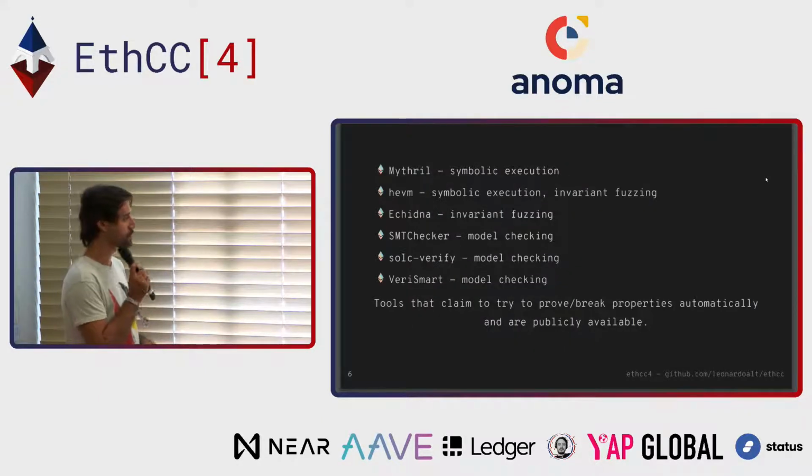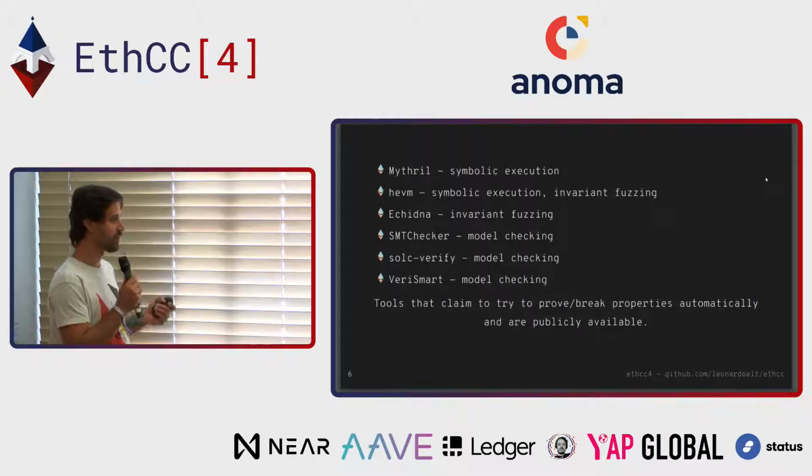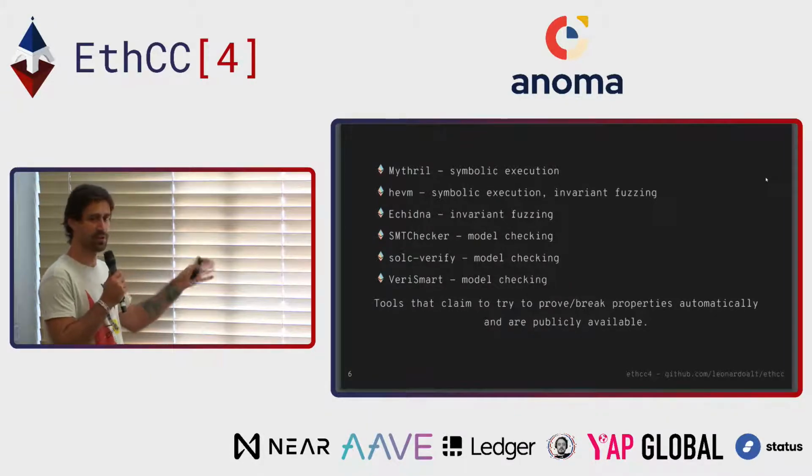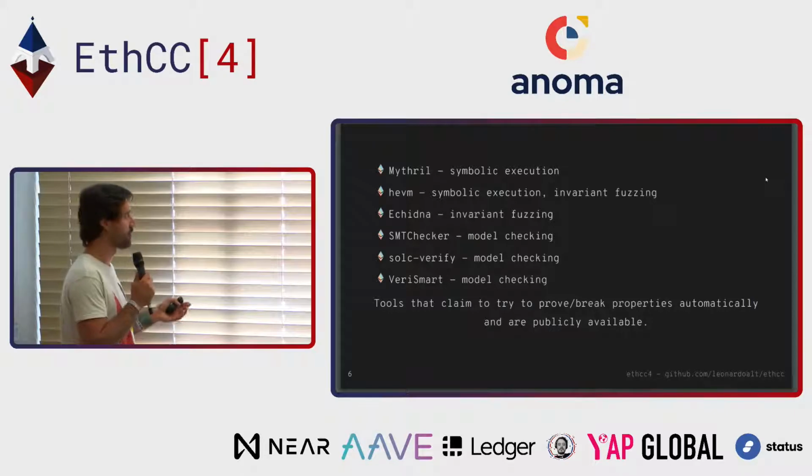Okay, so the experiment is basically to try to run some tools that are fully automated or almost fully automated, basically relying on a small and simple specification, where so far I only showed specification in terms of the assertion that we want to prove is always correct. But some of these tools will require a little bit of a spec.